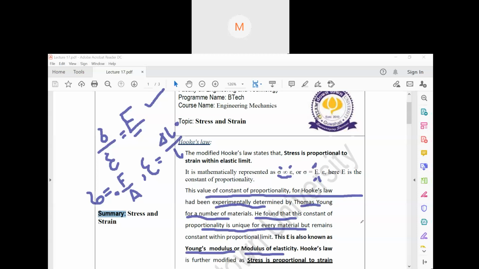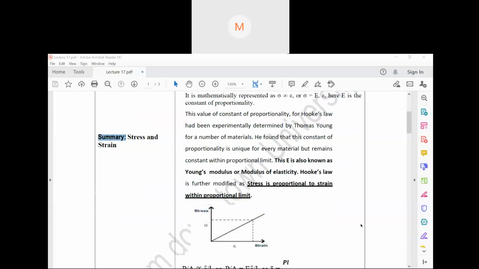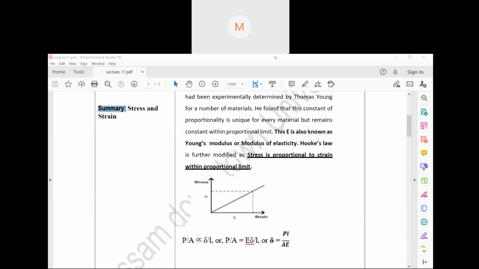Therefore, Hooke's law is further modified like this: ratio of stress to strain. Because it is proportional, this is a straight line.